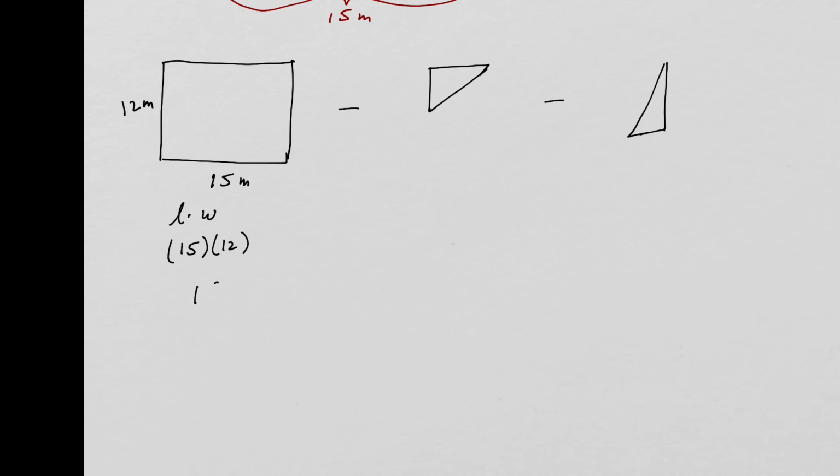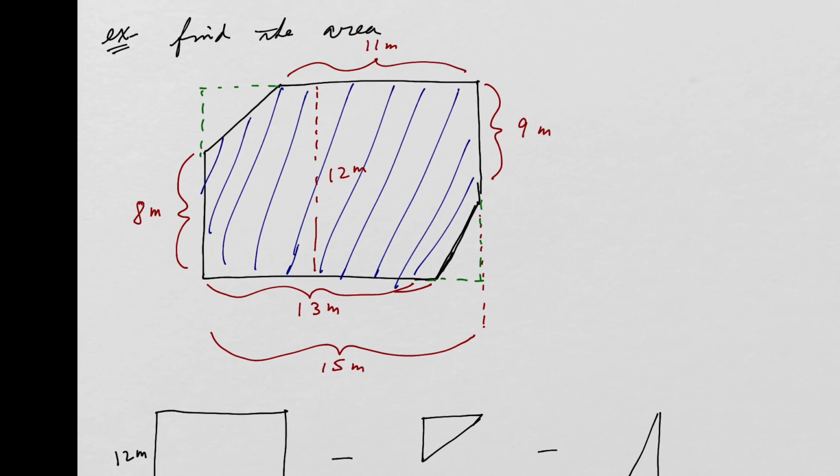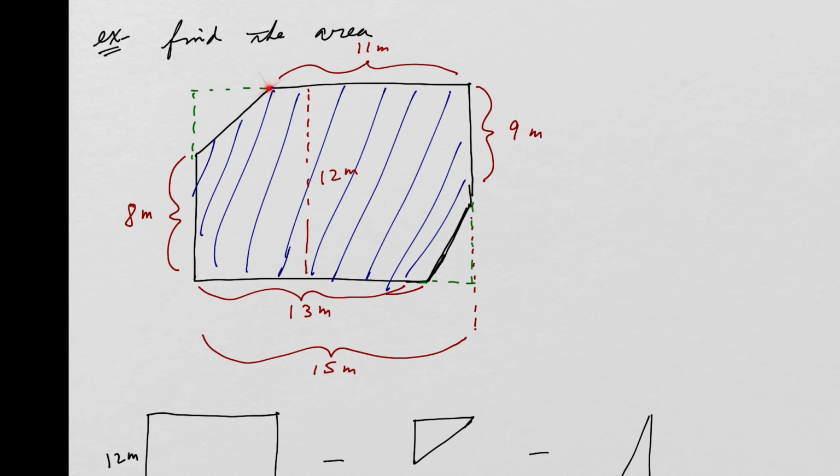So this is 180 meters squared. Then this little triangle, basically this triangle right here, that I want to subtract. Well, if this total length is 12, and from here to here is 8, this must be what? It must be 4, right? Let me do that in green here. So this must be 4.